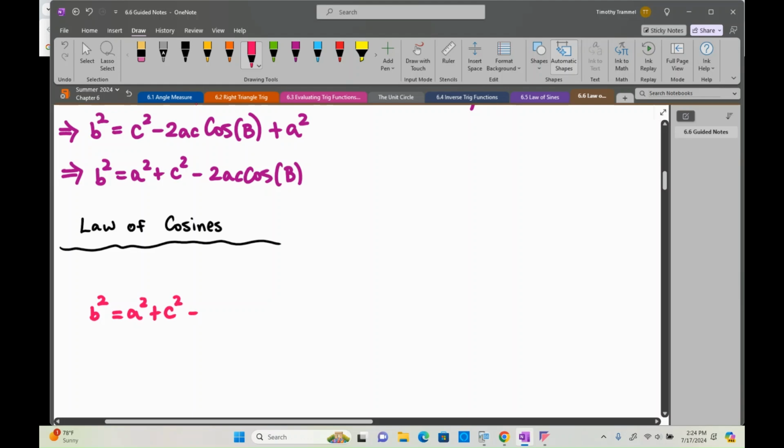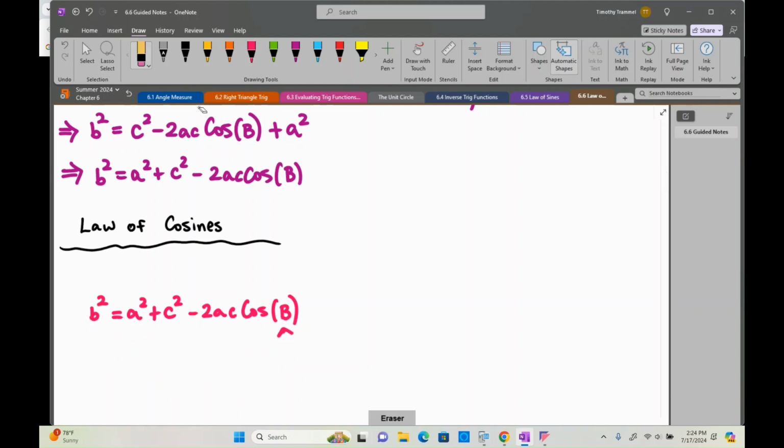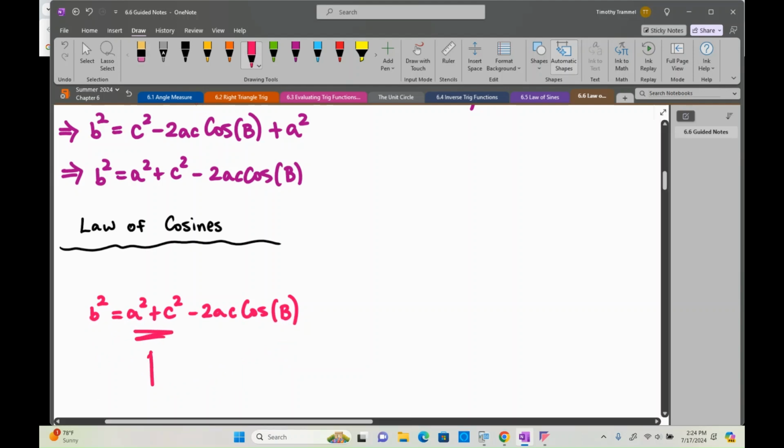But what I kind of want you to notice is the way this works is you have side length b here and angle B here. So whatever angle you're using, the corresponding side is going to be on the other side of your equation here. Then the a squared plus c squared, these are just the other two sides of this triangle.